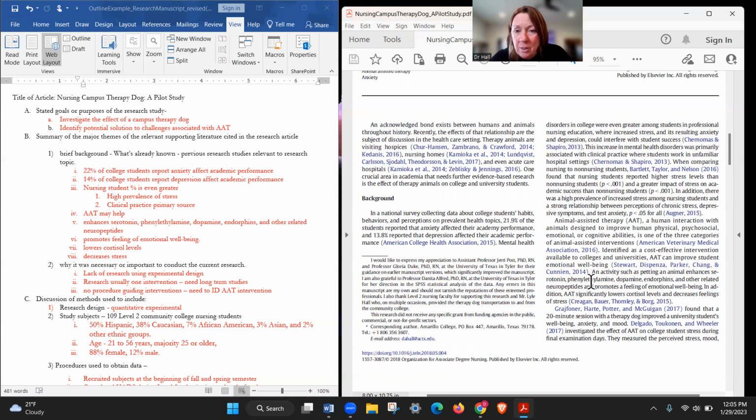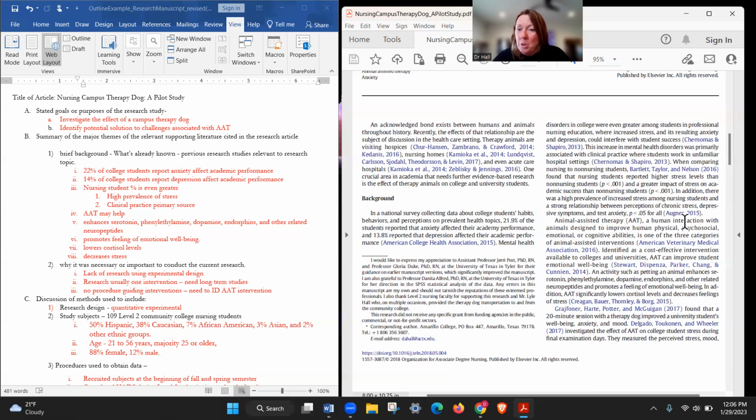So in this background, it starts off talking about college students and their anxiety levels and depression, and how college students report that anxiety affects their performance. And then another research study or two says that nursing students have even more stress and anxiety while they're in school, maybe because of clinical or their perceptions of high stakes testing and those kinds of things.